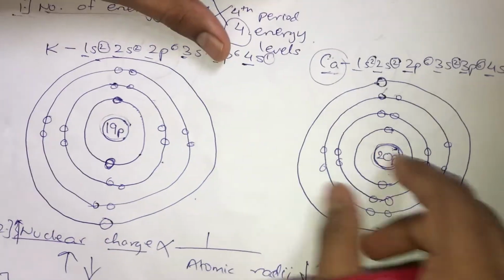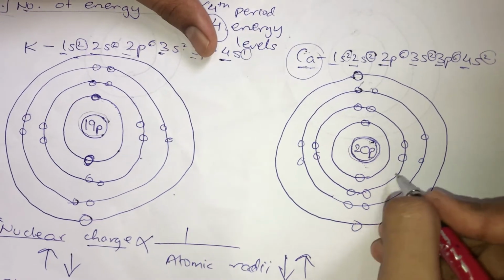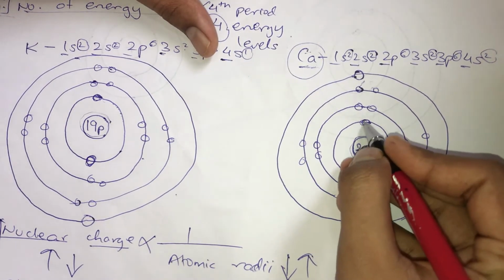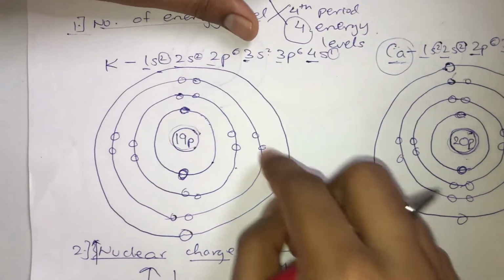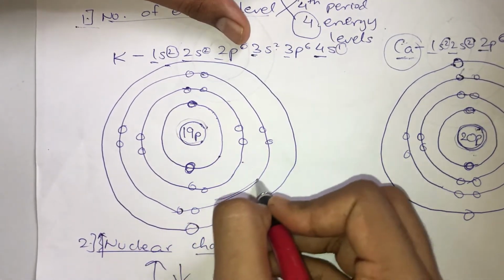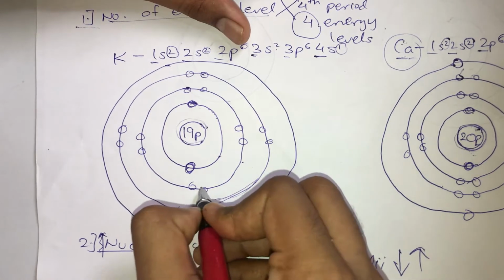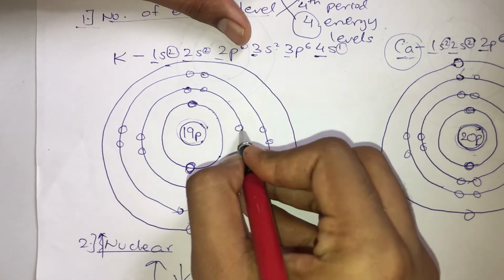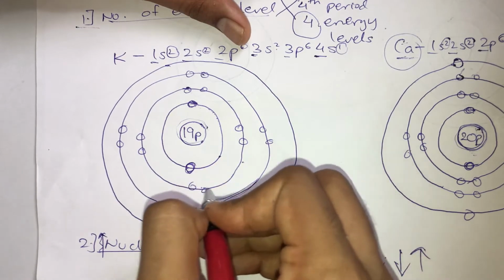Similarly, here also the second energy level electrons are getting shielded by the 2 electrons. Whereas here the third energy level electrons are getting shielded by the 8 electrons present inside the second energy level.